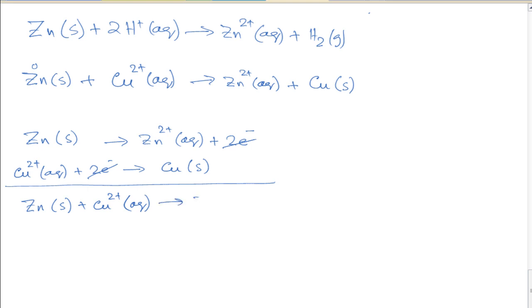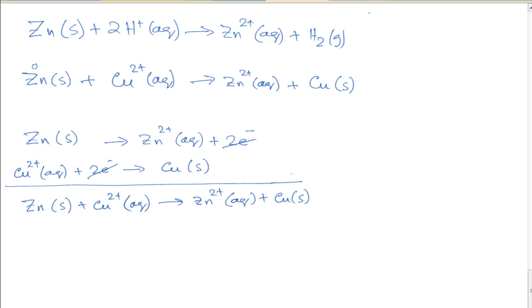Now it becomes the same thing that I wrote above, zinc 2 plus aqueous plus copper solid. So the net total reaction is the sum total of the 2 reaction halves.